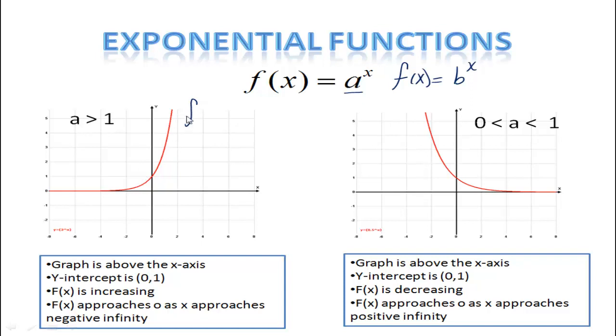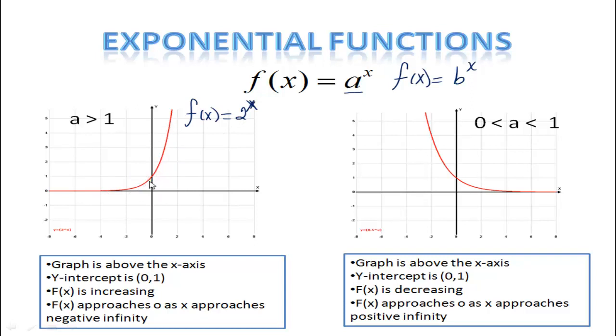I'm going to give you an example of an exponential function. Let's say 2 to the x power. Okay, this is an example of an exponential function where a is equal to 2, or if you want to call it b, your base, and notice that it's greater than 1. So this function in particular will have a graph that looks very similar to this one that we have here.